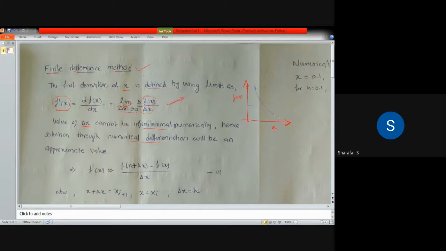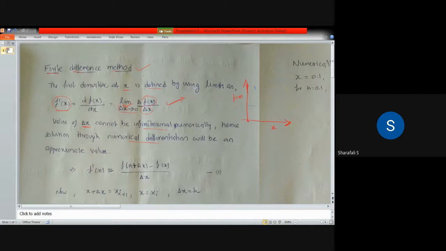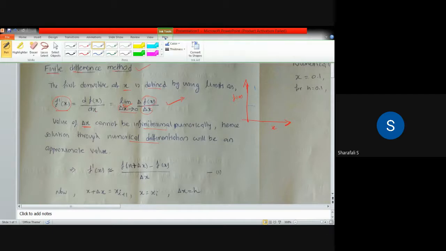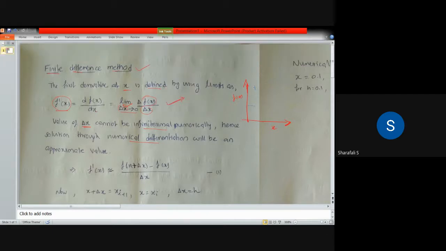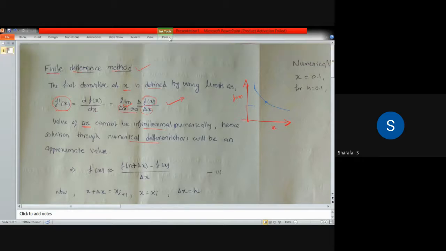Any curve you can consider, something like this. If you want to find out dy by dx at that particular point, then you can consider a tangent like this, which is passing through it.